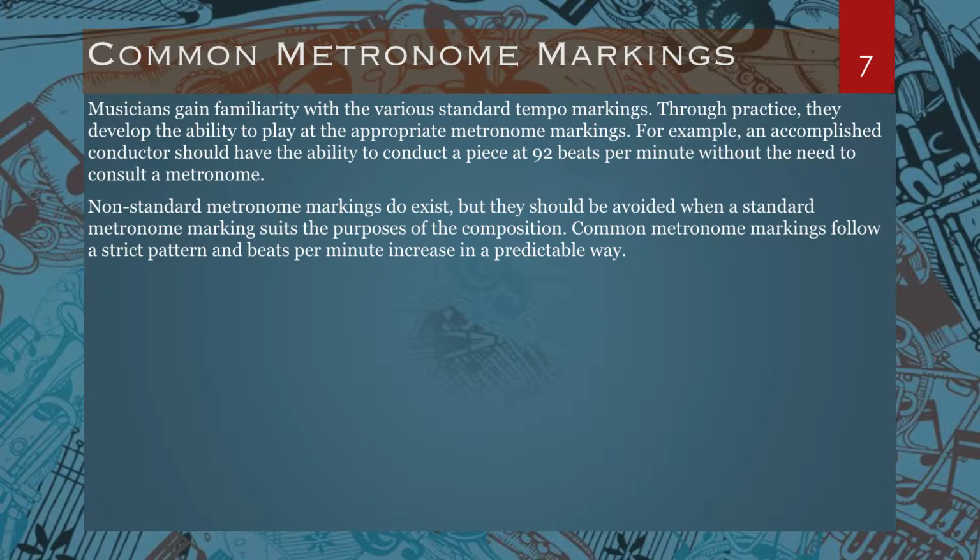Non-standard metronome markings do exist, but they should be avoided when a standard metronome marking suits the purposes of the composition. Common metronome markings follow a strict pattern and beats per minute increase in a predictable way. So it wouldn't make sense to have a metronome marking of 41 beats per minute.